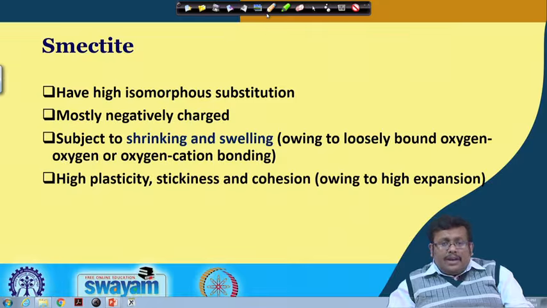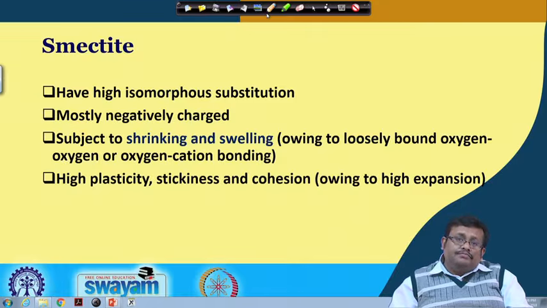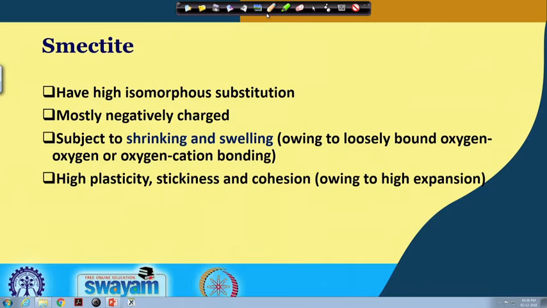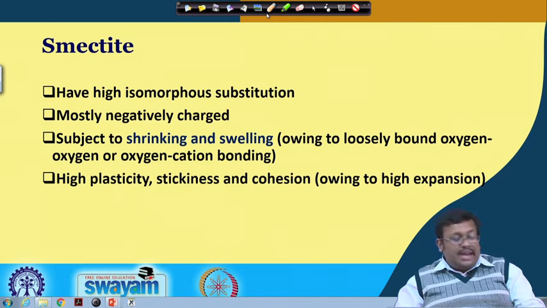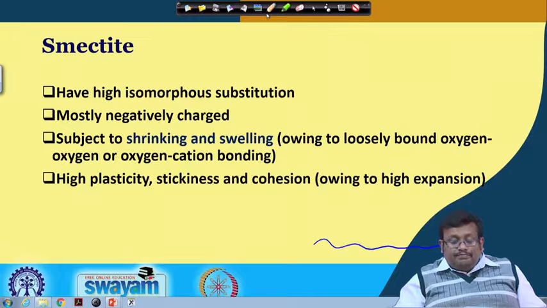One of the major examples of this smectite is Montmorillonite, and this smectite type of clay can be found in the black cotton soil of India, especially in Maharashtra region, where you will see the development of cracks and swell during the monsoon as well as in dry season. I will show you.